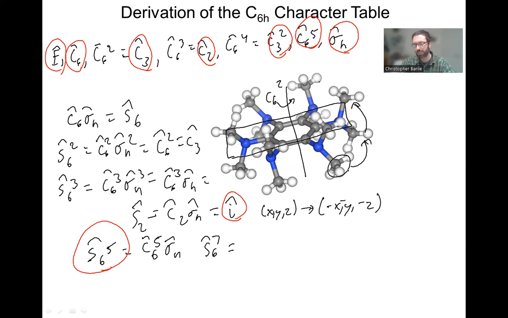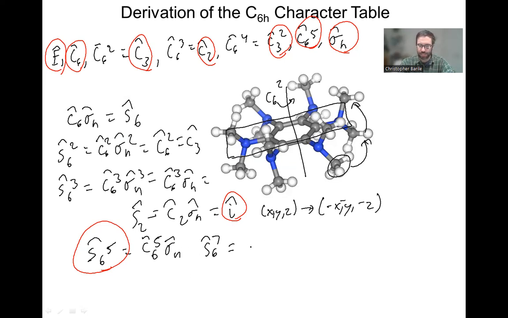This methyl group, which is at the front bottom right of the molecule, is going to be inverted into the back left behind of the molecule. It's the exact opposite. Everything goes to the opposite of what it was. So this molecule and all molecules in the C6h point group have inversion.